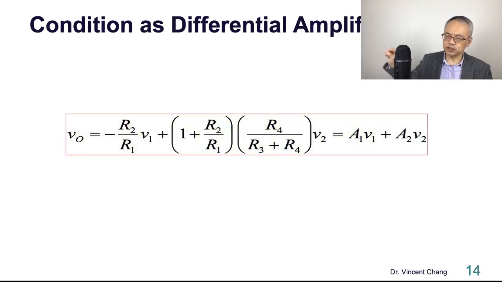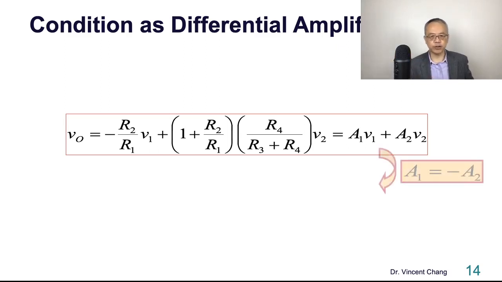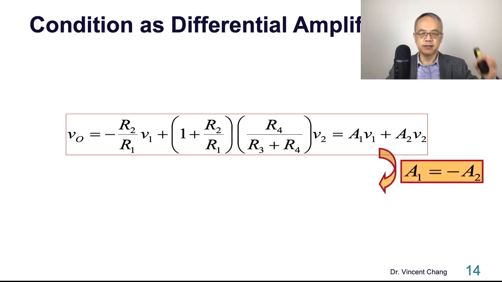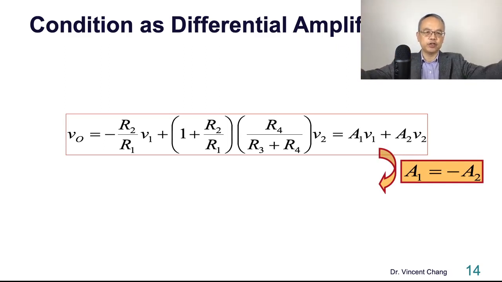And then what's the condition to constitute a differential amplifier? The same magnitude from two different coefficients. Naturally, it's opposite polarity. But you need to adjust to make the magnitude of the two coefficients the same.